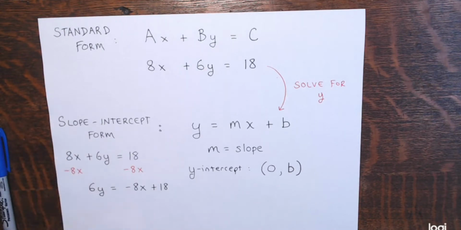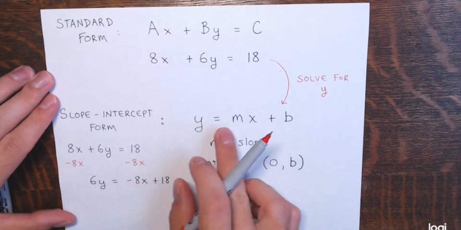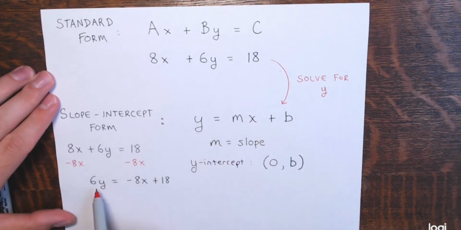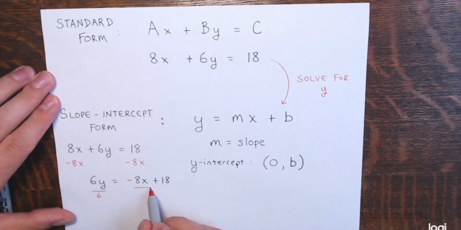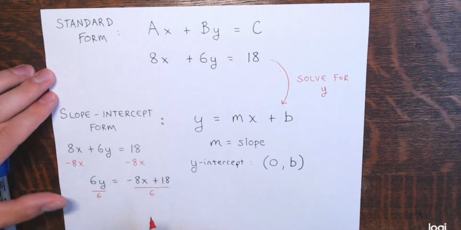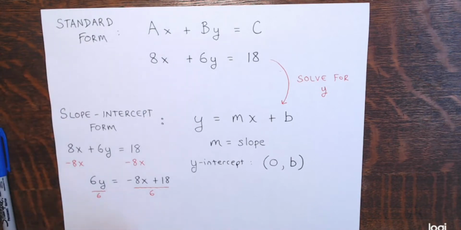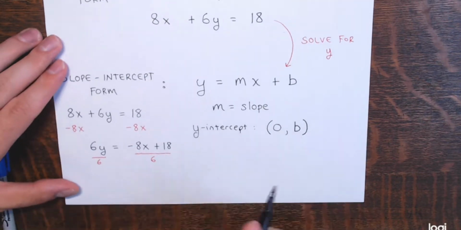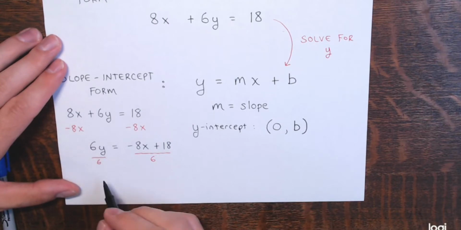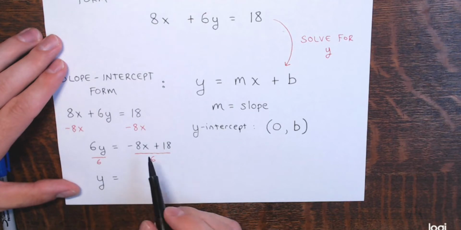And then finally, to get it in slope-intercept form, I want 1y, not 6y. So we need to divide every single term by 6, and simplify as we go. So 6y divided by 6 is y equals negative 8x divided by 6.